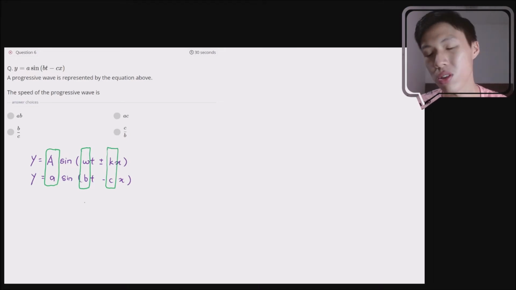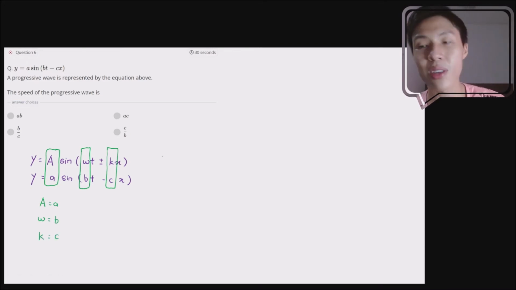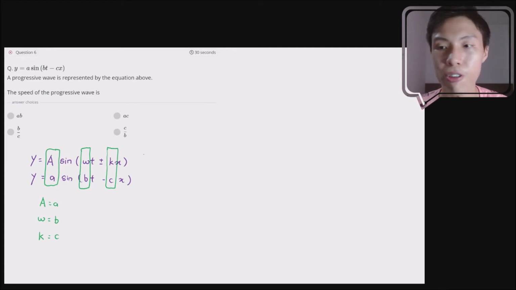But we just call it c, don't need to think too much. So knowing that already, we can determine our speed of the progressive wave straight away.